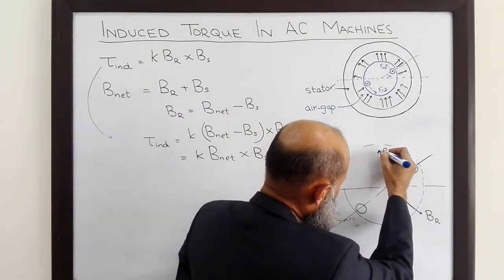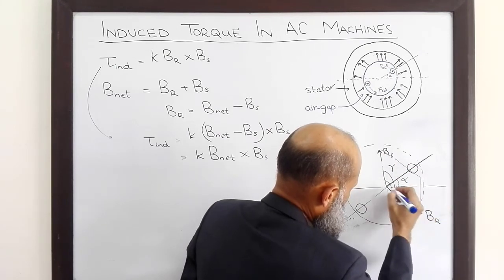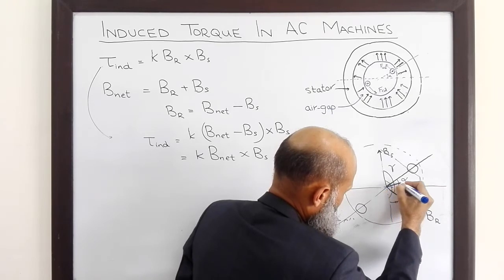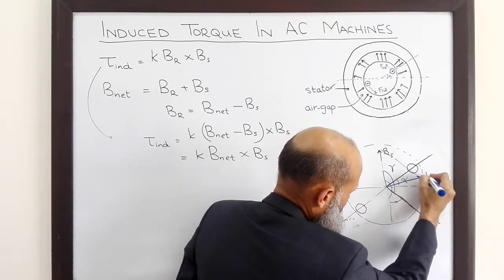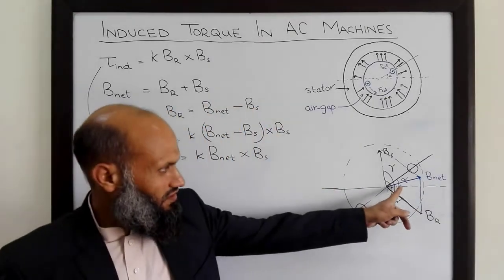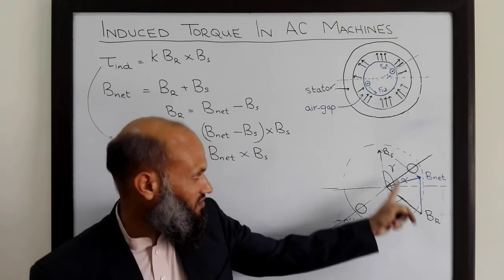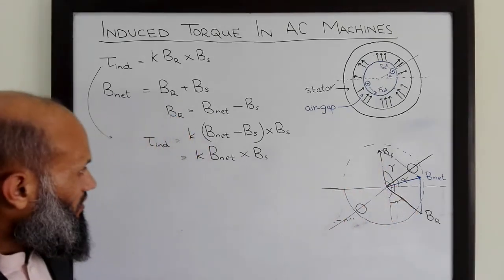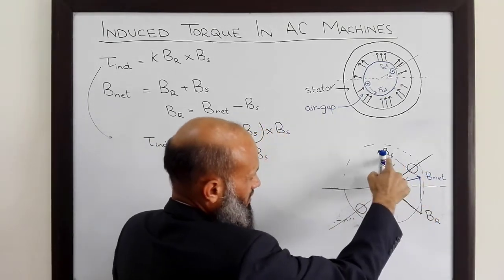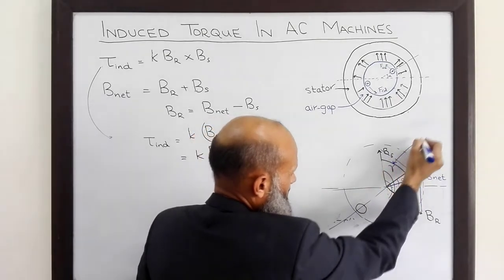So this is the net flux density vector obtained by the phasor sum of this vector and this vector, and Bs is over here. The angle between B net and Bs is denoted by delta.